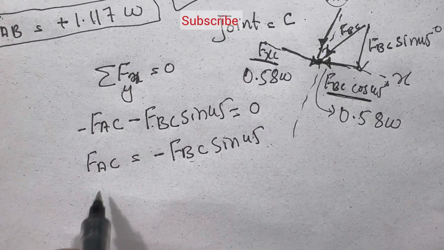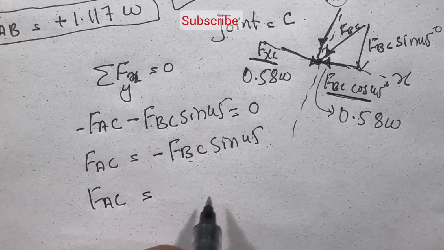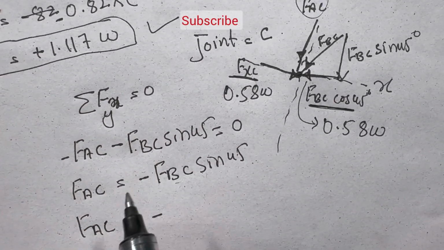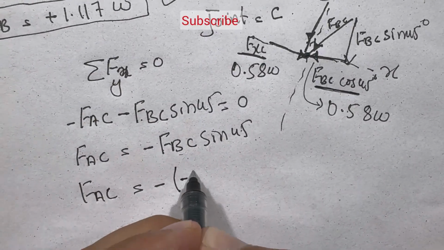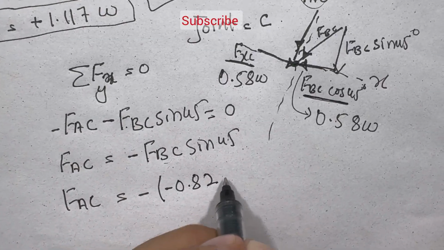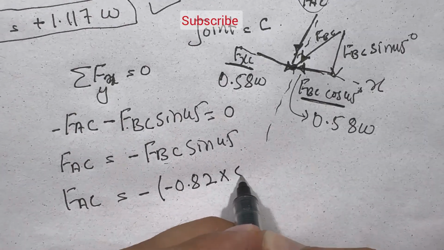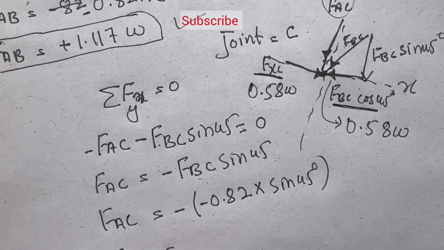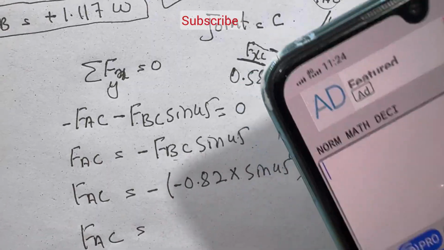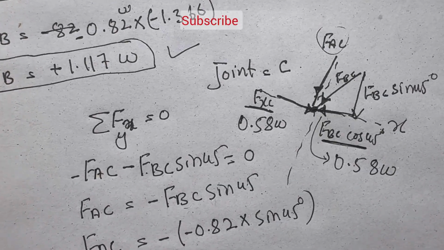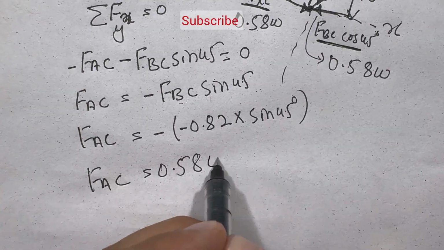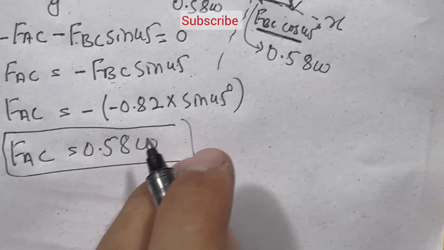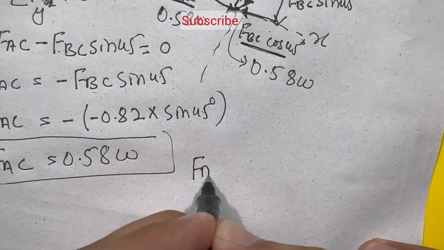I know the FBC value, 0.82, so FAC equals negative 0.82 sine 45. If I calculate it on the calculator, FAC equals 0.58 W. So we have found all the forces.